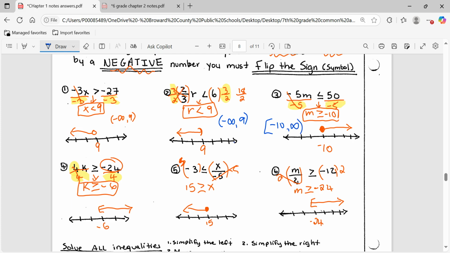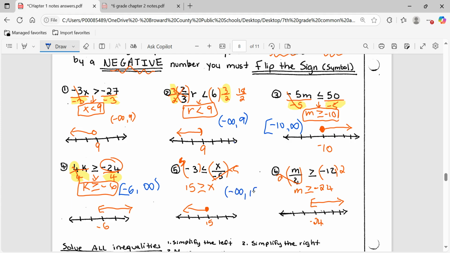Number 4, I'm going towards the right, positive infinity, and then I'm starting at negative 6. It is a bracket where I'm starting, so that's my notation. Number 5, x is less than or equal to 15. So I'm coming in from the left. That's negative infinity.